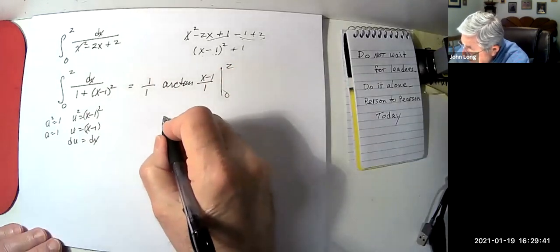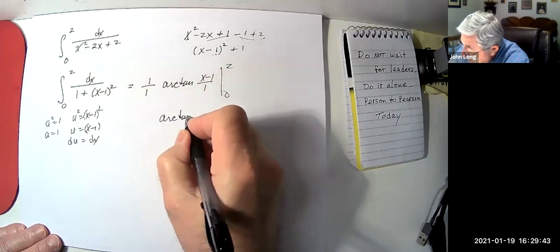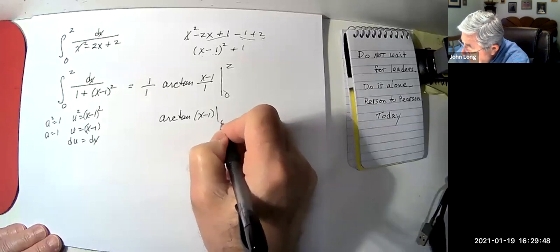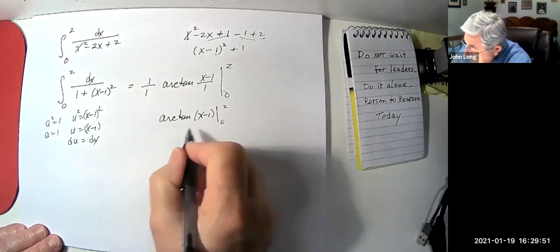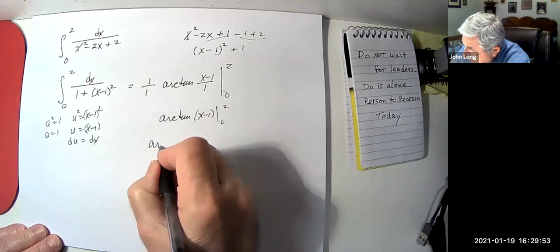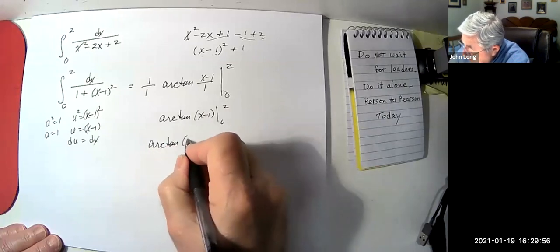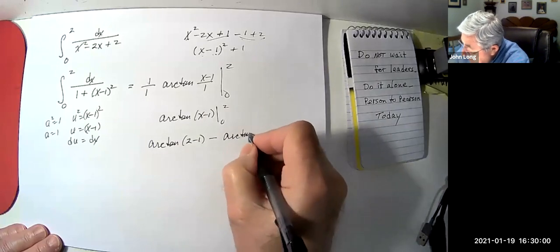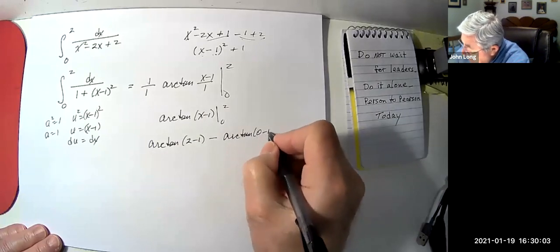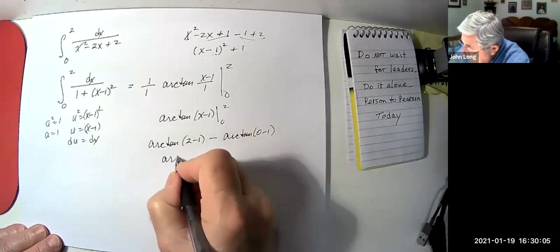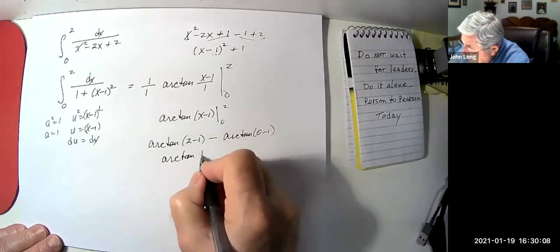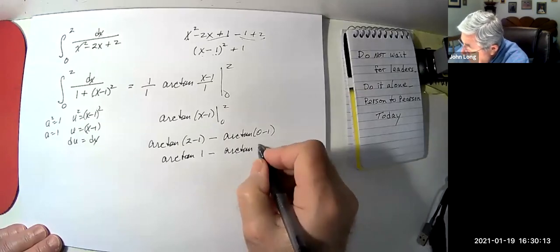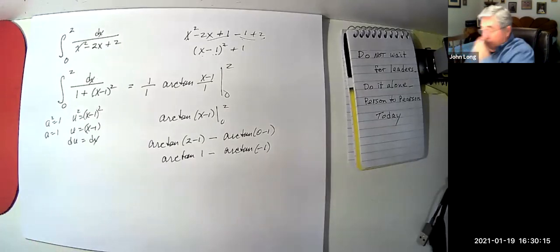So I'm going to rewrite that a little bit. Arctan of x minus 1 evaluated from 0 to 2. So you substitute a 2 in there and you get arctan of 2 minus 1 minus arctan of 0 minus 1. Arctan of 1 minus arctan of negative 1.